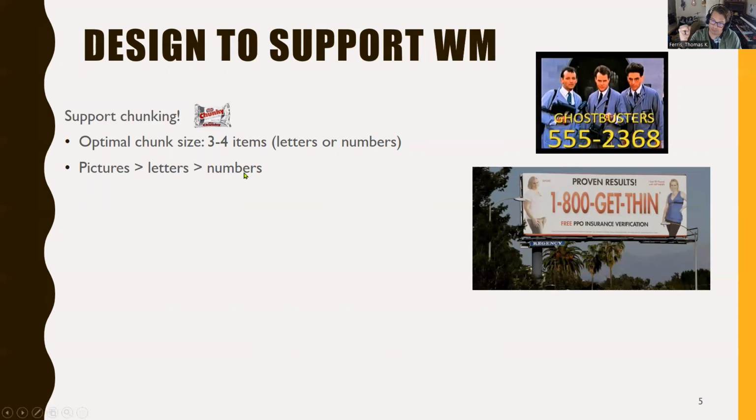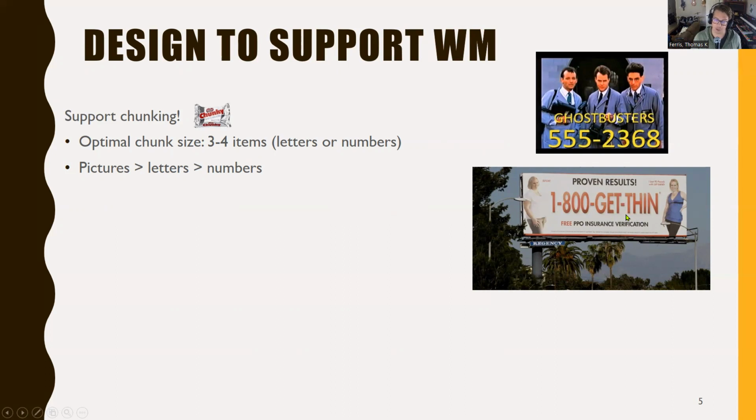They're also, because of the way that it can relate to other letters, let's say, letters are more memorable than numbers, which is why you typically would see 1-800-GET-THIN instead of 1-800 and then whatever the digits are that are represented there, that would just be much more difficult to remember.